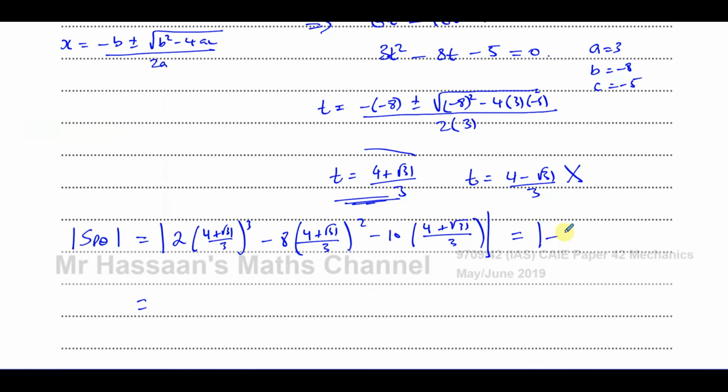So the magnitude of that is going to be 48.4 meters. So that's the maximum distance between P and Q, 48.4 meters.